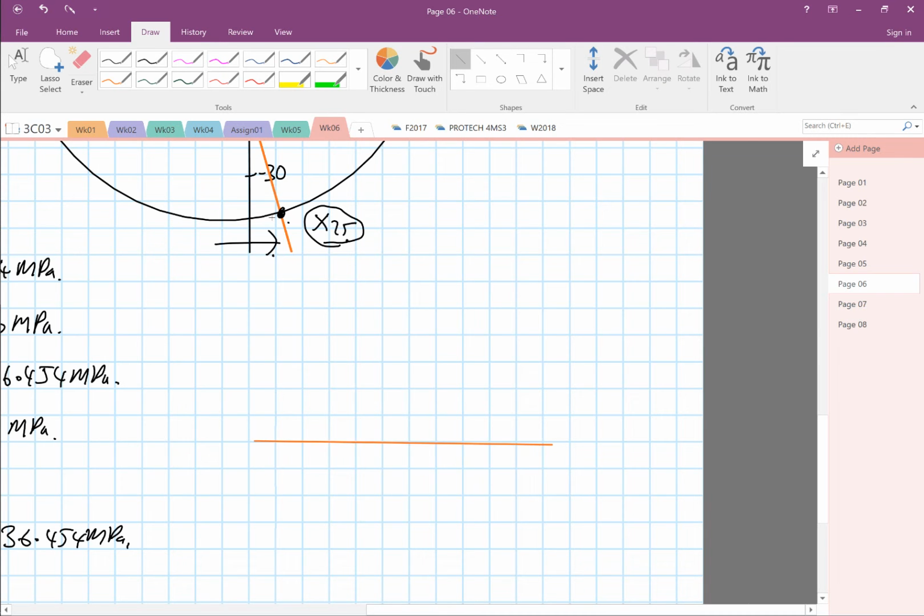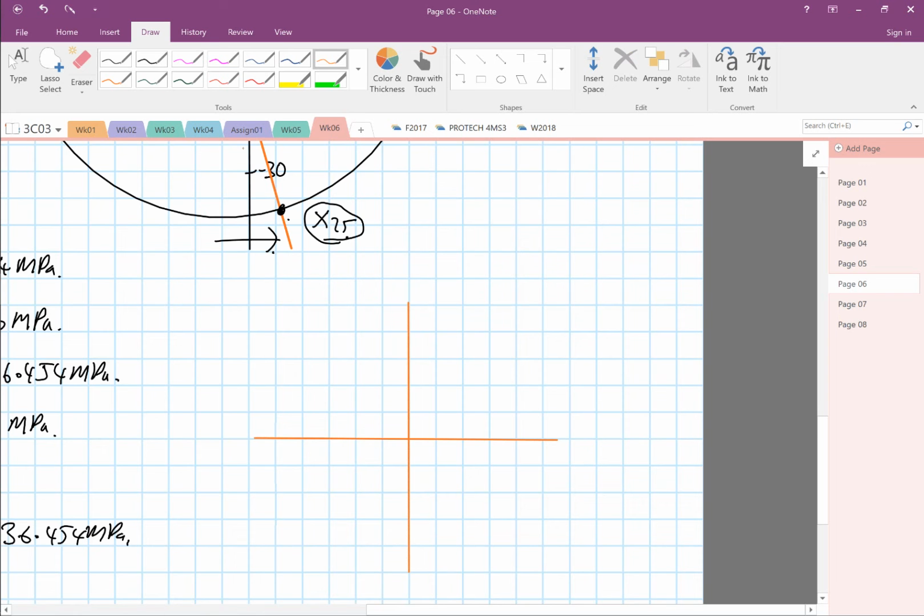This is our original. On the element, we're going to rotate clockwise 25 degrees. I'm going to change the color. So this is our X25.